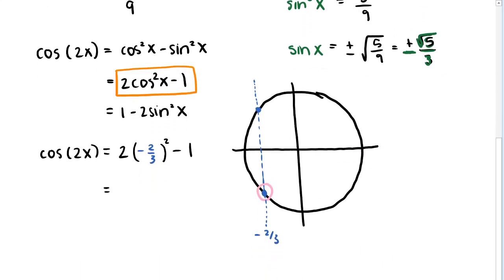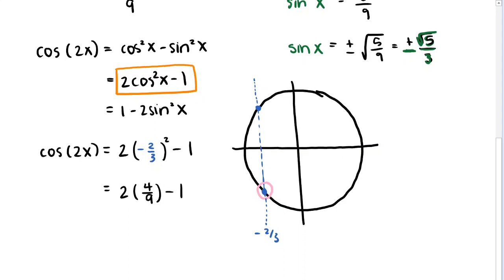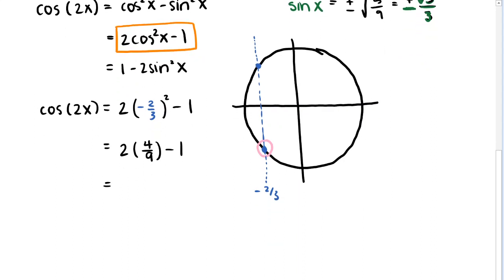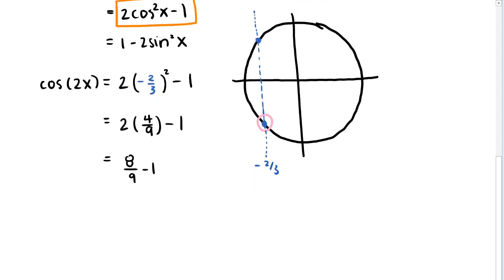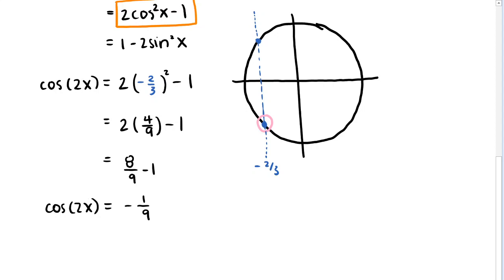So this is 2 times squaring negative 2/3, which comes out to be positive 4/9. And then this gives us 8 over 9 minus 1, and this gives us negative 1 over 9. So this is what cosine of 2x is equal to.